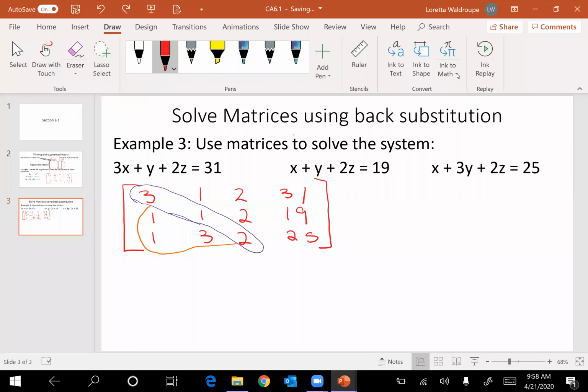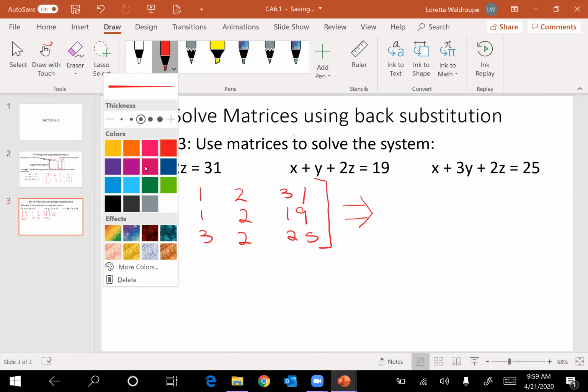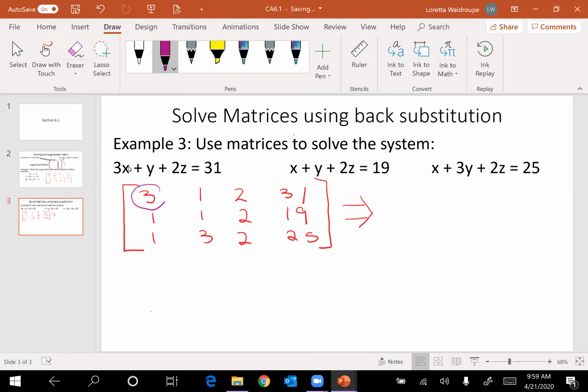So you start out by doing what is considered row operations. You can multiply rows by numbers and add them. So to get a 1 in my first spot, I'm going to get rid of my stuff that I circled here. I want a 1, that's going to be my first step.